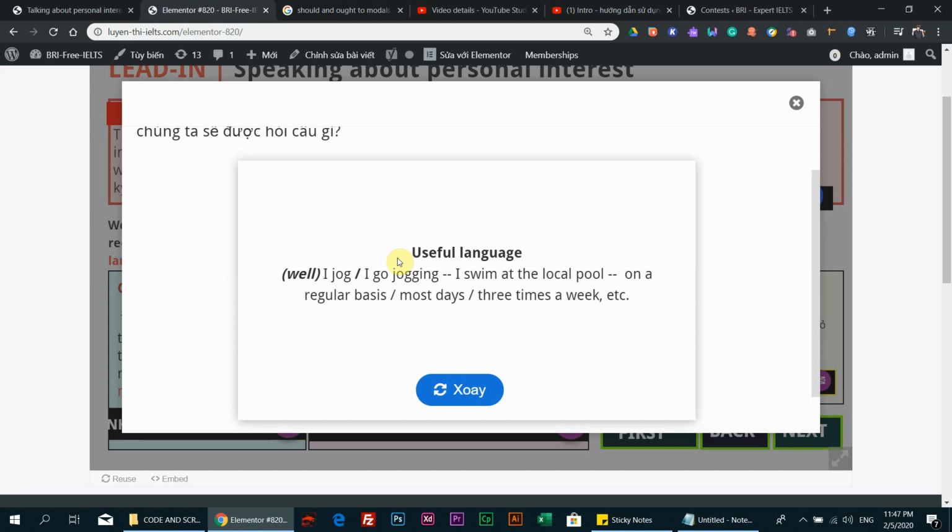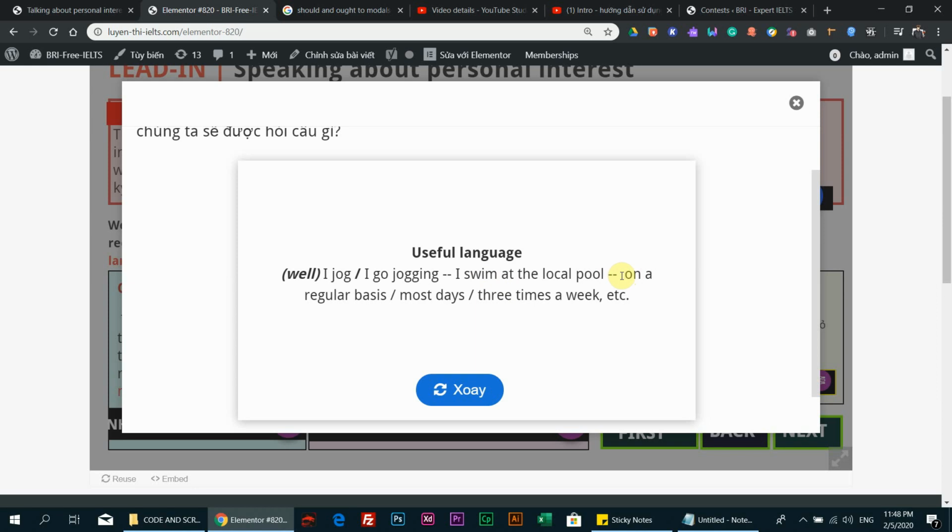Okay, I go jogging would be similar. So these two phrases we can express the same, and they are to show a form of exercising. Or I swim at the local pool. Okay, so local pool is a swimming pool, it's also to show one sort of physical activity.